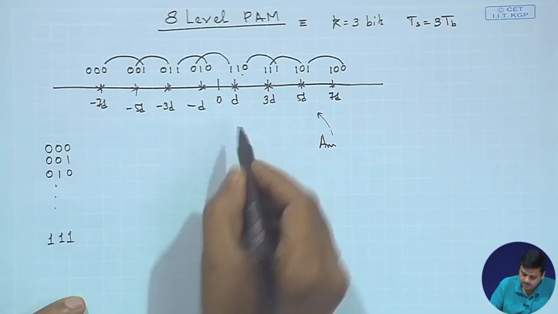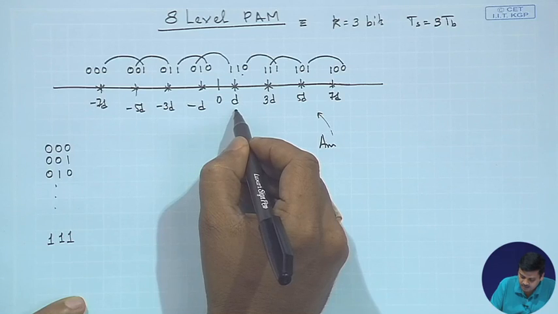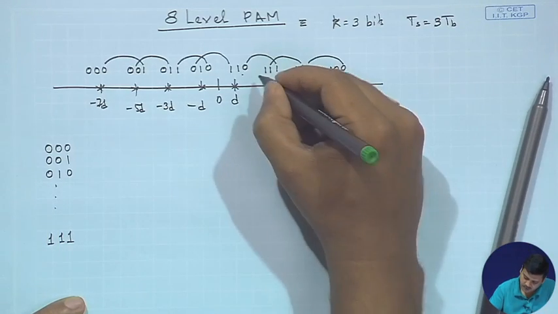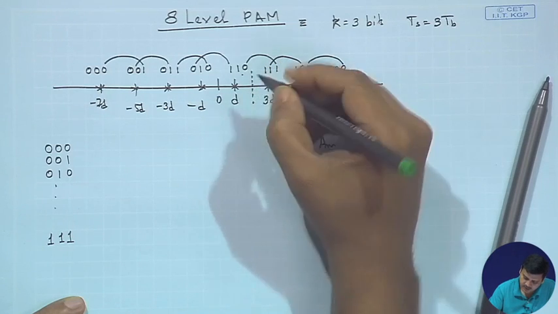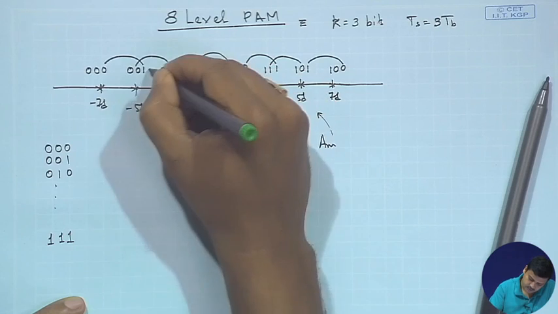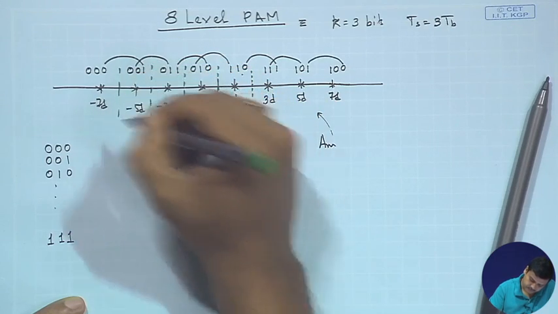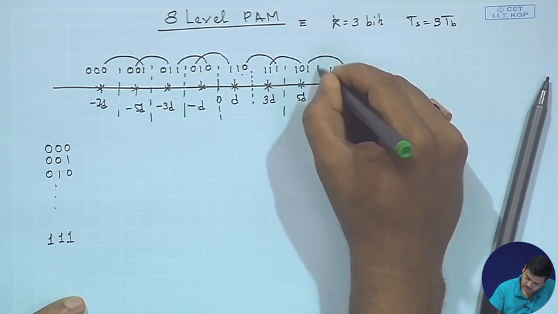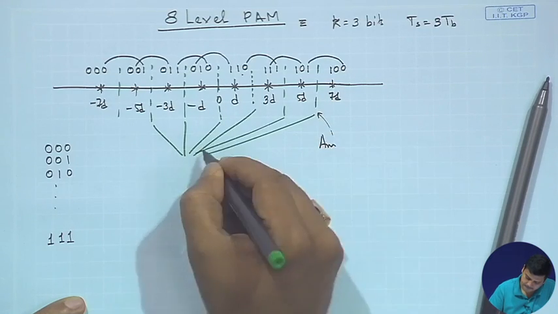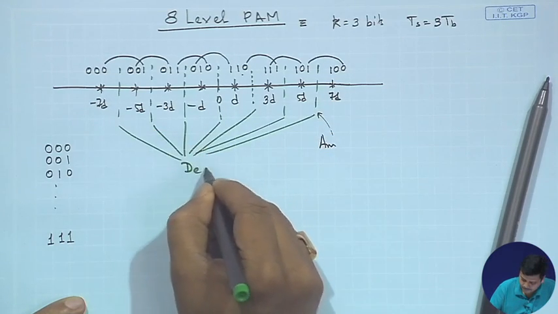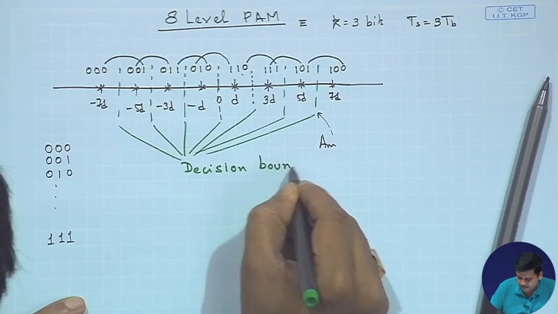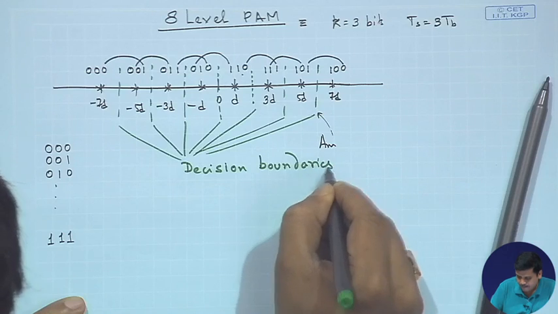So, by this way, if I am sending level D and by mistake I go to level 3D, that means this is my decision point, these are my decision boundaries. Right.